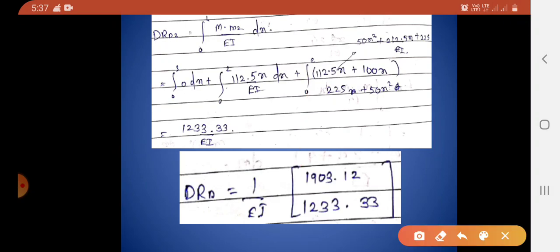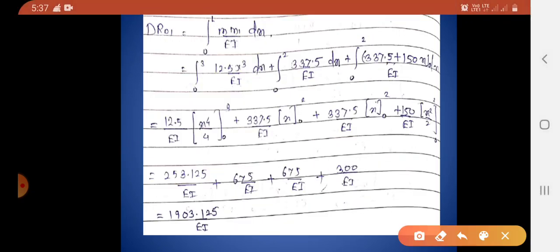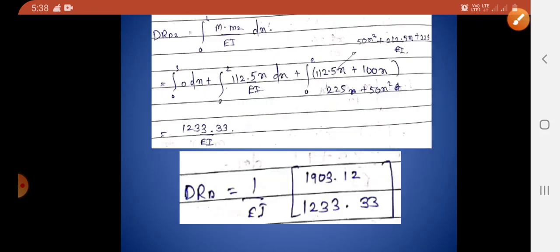These values I have taken for the first part, for the second part, and for the third part. M into m1 divided by EI into dx. You can always simplify this integration by putting the proper integration limits, and you will get the value of DRD 1. Then on similar lines go to DRD 2.